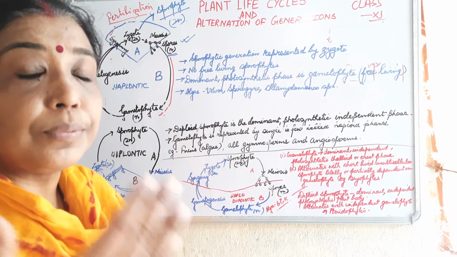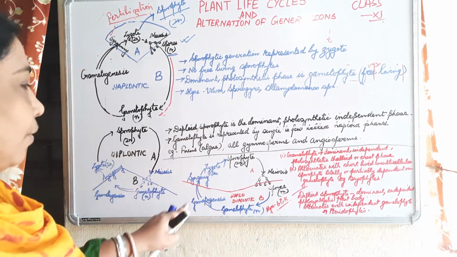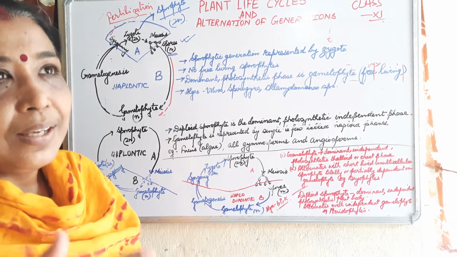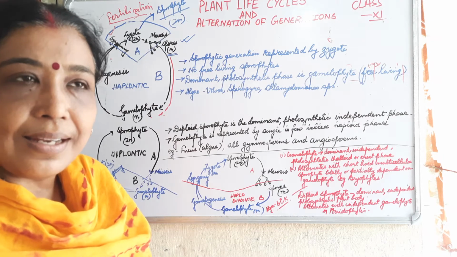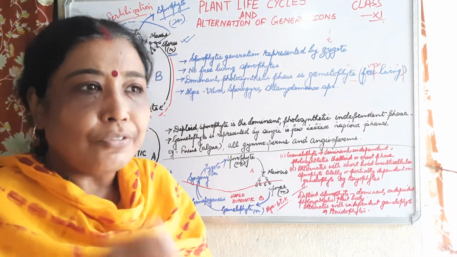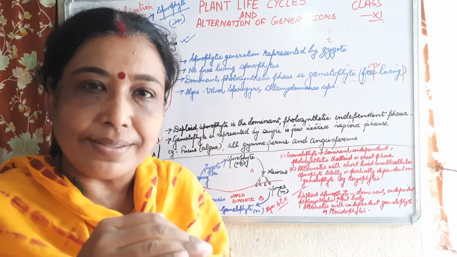Now let us come to the last one, that is haplodiplontic. What is it? Haplodiplontic you will see in bryophytes as well as in pteridophytes. Here, equally there is importance of both the phases.